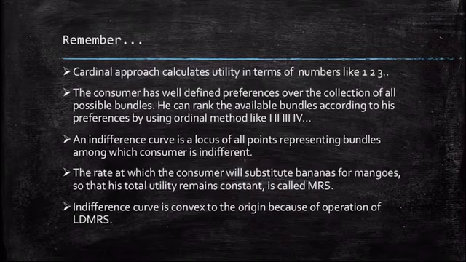The reason is that the marginal utility for each extra unit of banana decreases. As a result, the consumer sacrifices lesser and lesser units of mangoes, so it makes the indifference curve take the shape of a convex curve.